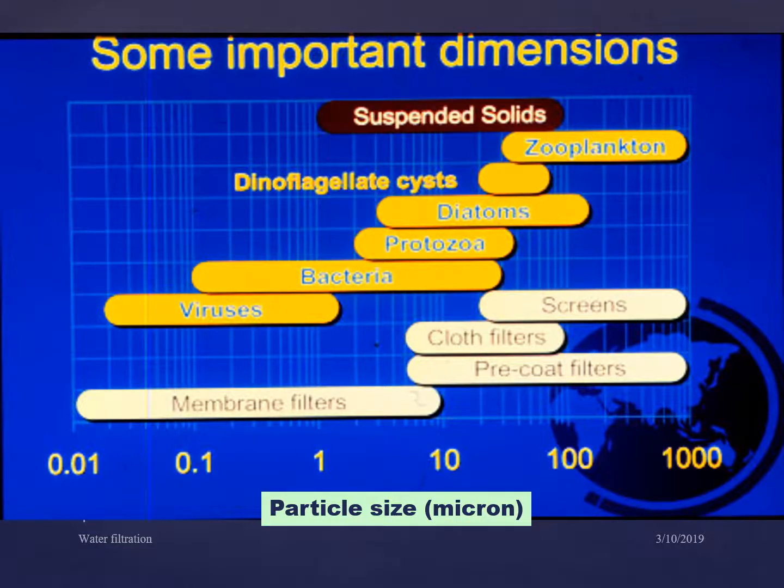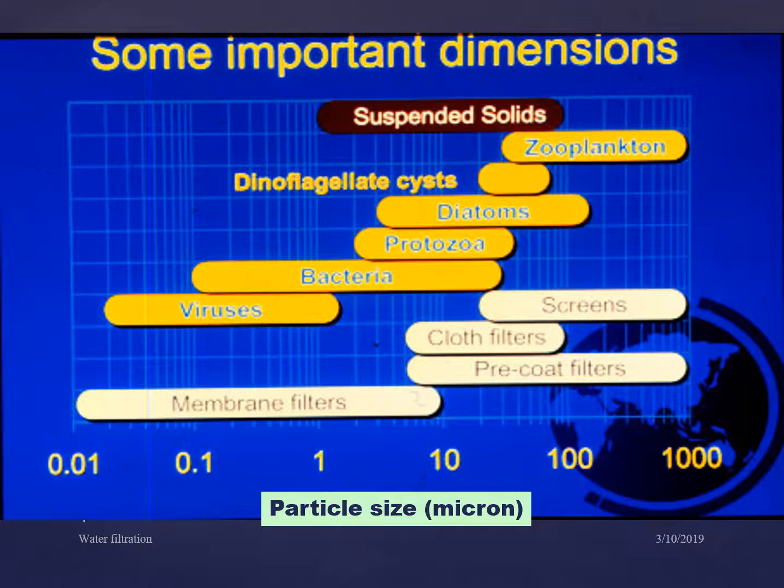So when you have a filter, we have to see what happens to the particles inside the filter. As you see here on the horizontal axis, you have particle sizes in microns. Here, for example, you have viruses. The size of viruses is from 0.01 to 1 microns, and the technology that you need to use is membrane filters.